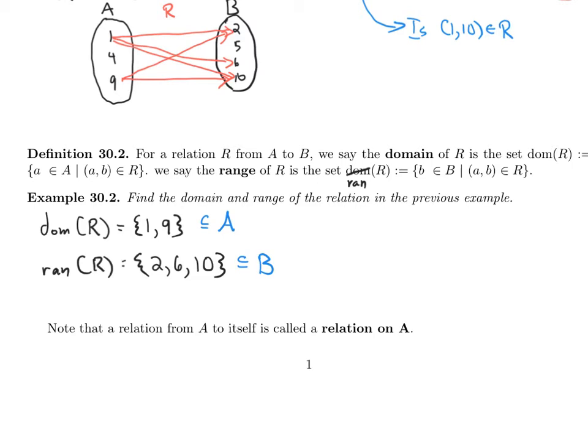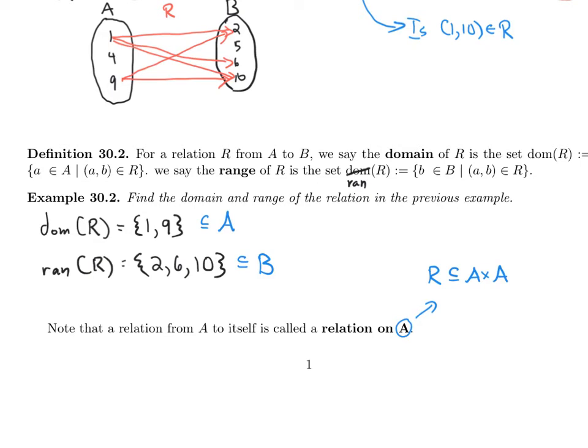The next thing I want to talk about is a relation on a set. So when I say a relation is a relation on a certain set, say A, what I mean is that if the relation is called R, it means R is a subset of A cross itself, A cross A. So I'm thinking of my Cartesian product as just being the set with itself.